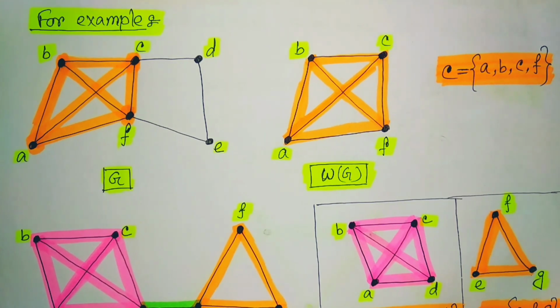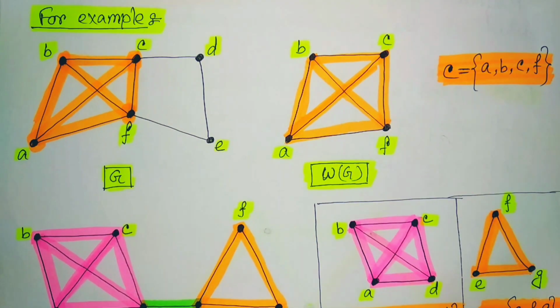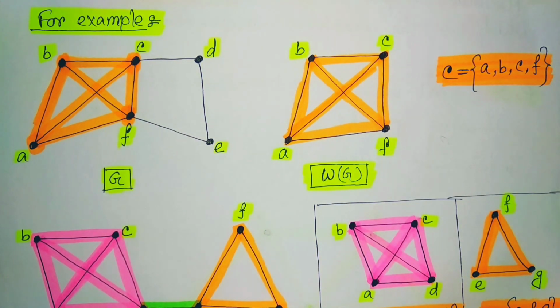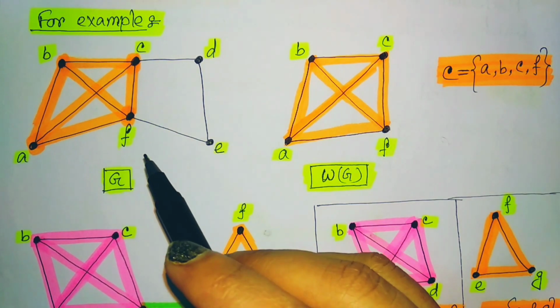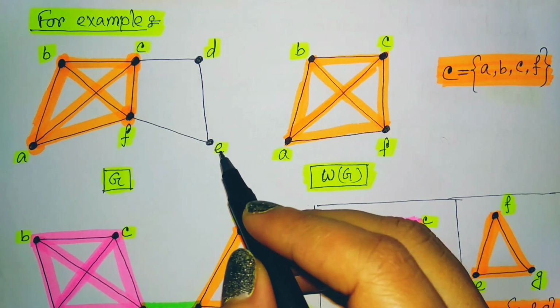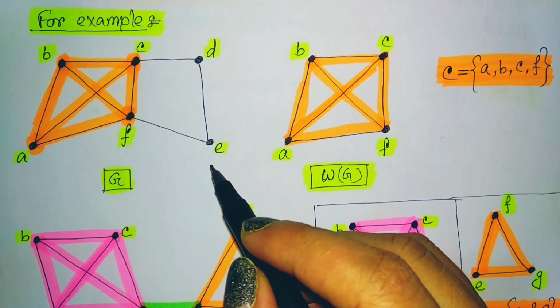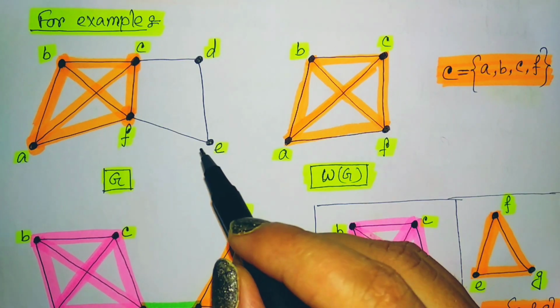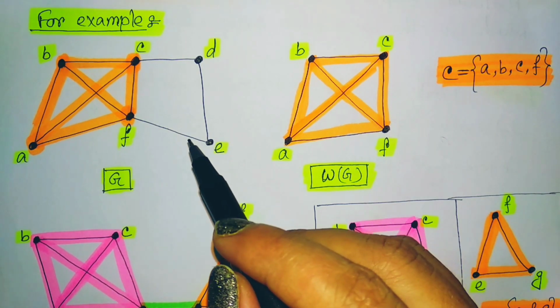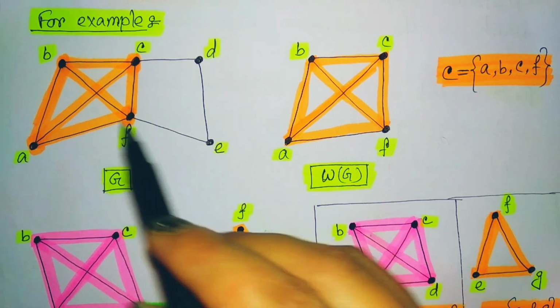For example, let this be the given graph. In this graph, we should find out the complete subgraph included in it. A complete subgraph means that if it has two vertices, then it has exactly one edge. If three vertices, then exactly three edges, that is the triangle. If four vertices, then it is like this.